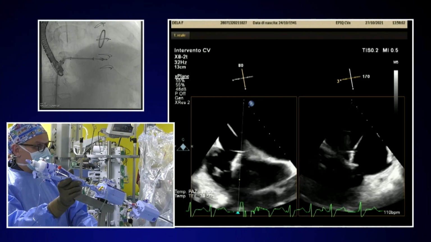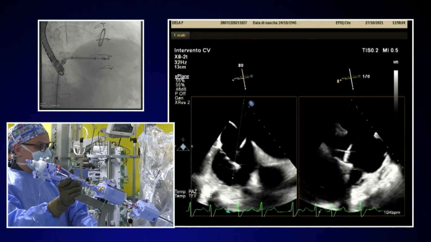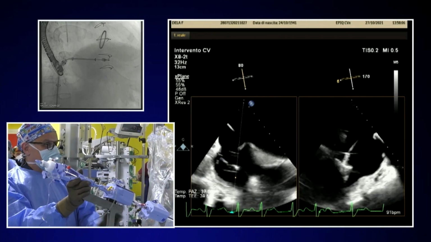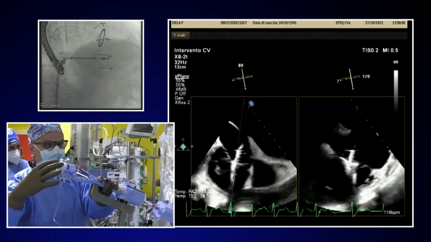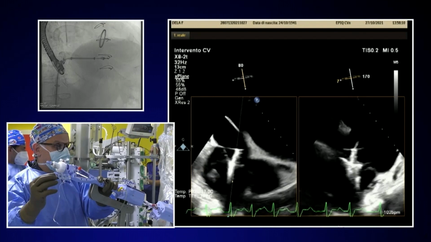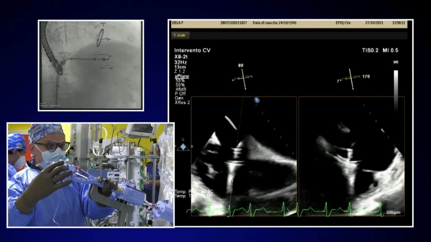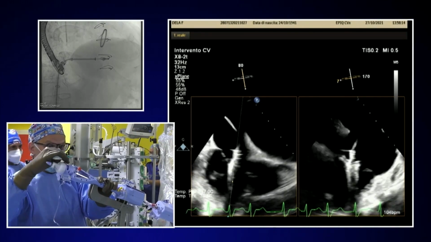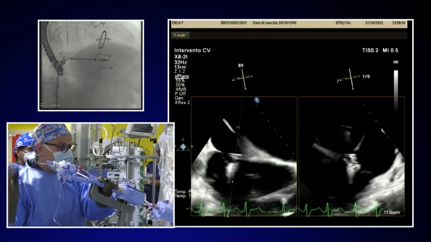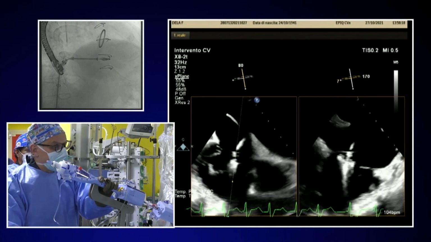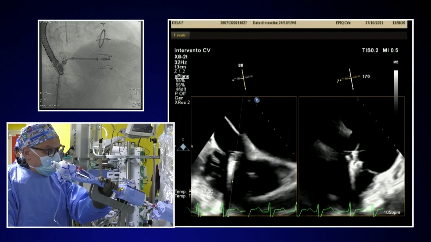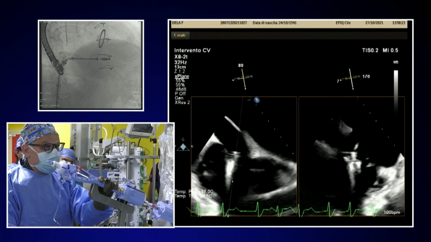I can see it well, and we also have the anterior. This picture shows perfectly the two leaflets there. That's why I would like to drop the grippers, close a little bit. Yes, and wait for confirmation.